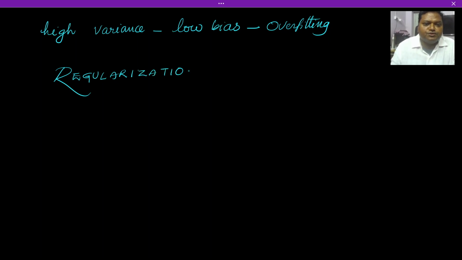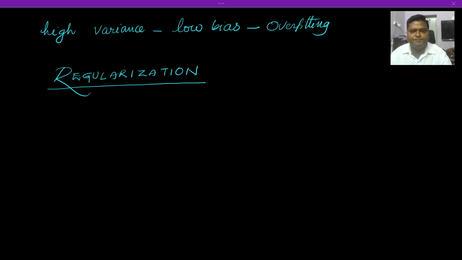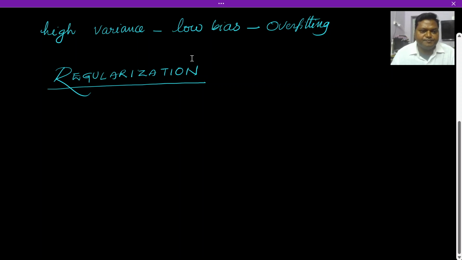So we are adding norm penalties. In the last class, I introduced you to the L1 norm and L2 norm and the penalties. So what is the point here? The point here is we are adding a penalty.